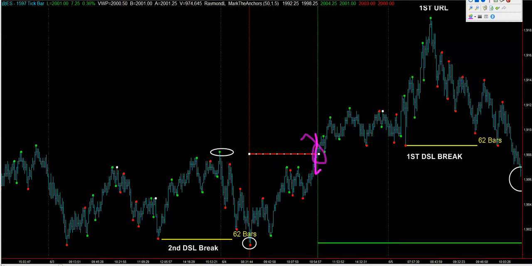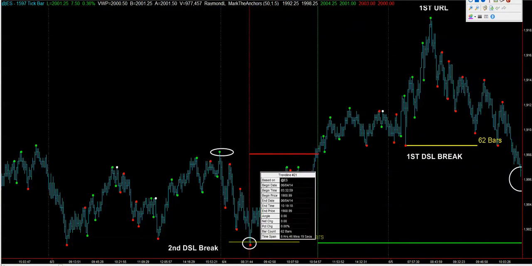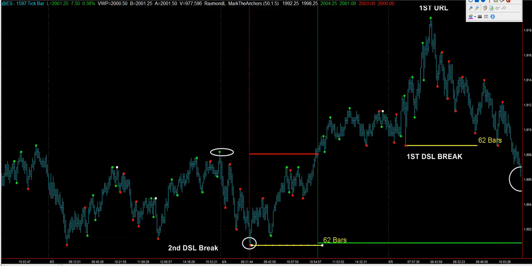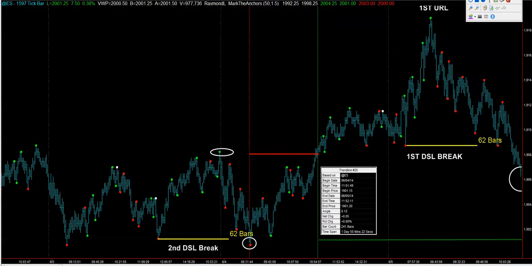There's the reversal bar, and the most recent DSL, I believe, is going to be this one. So we'll have to measure, and by the time that happened, it did not. So the most recent DSL would be that bar, and therefore that is where our break is going to be there. So I'll just adjust that to reflect that our break is there.